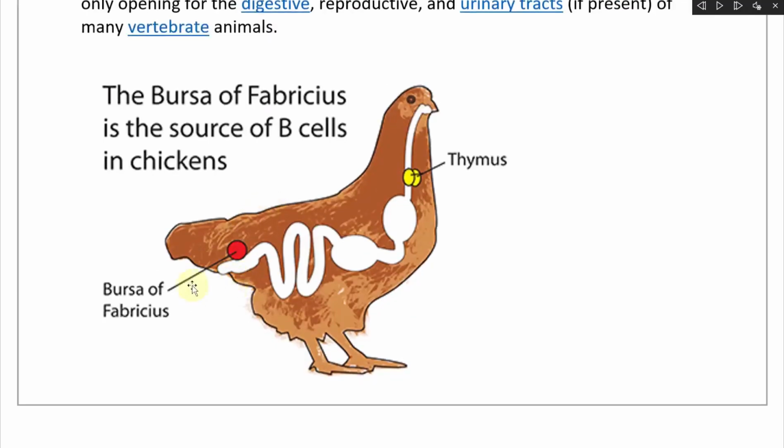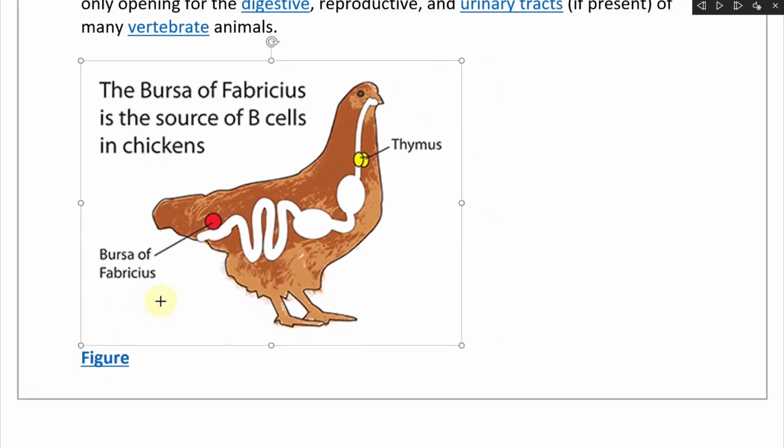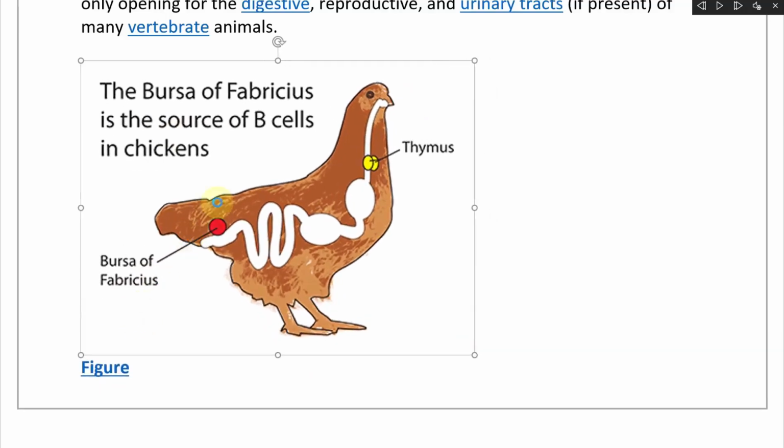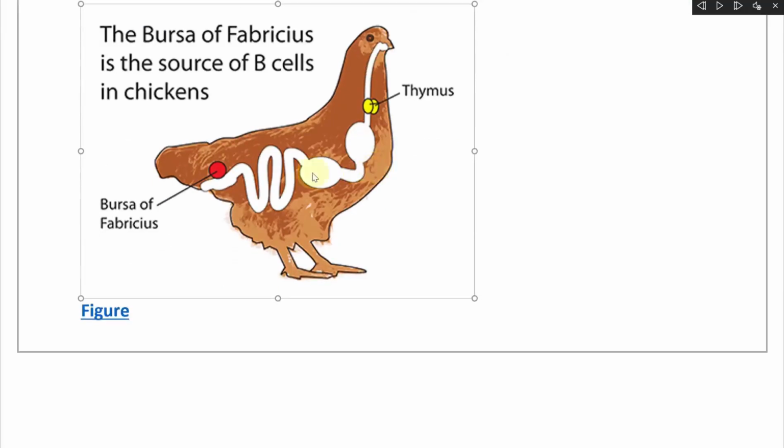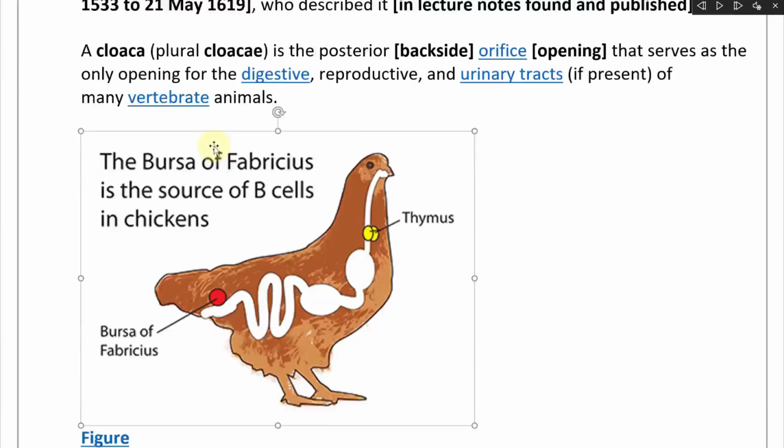So basically, this opening right there. The Bursa of Fabricius is the source of B cells in chickens. There's a thymus there for T cells, and now you have this right here, the Bursa of Fabricius, right next to that cloaca, the opening to the digestive system, and it's also the one opening for the digestive, reproductive, and urinary tracts, if present, of many vertebrate animals.